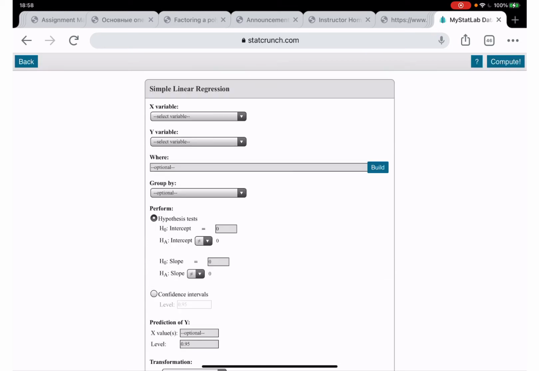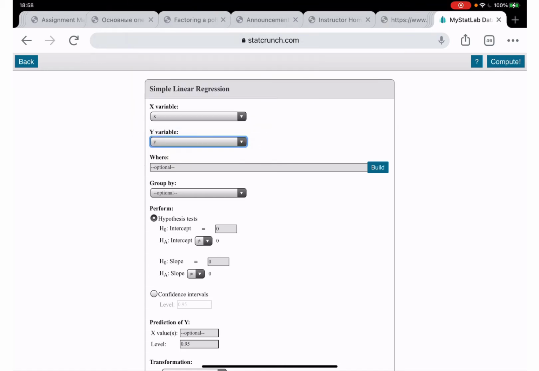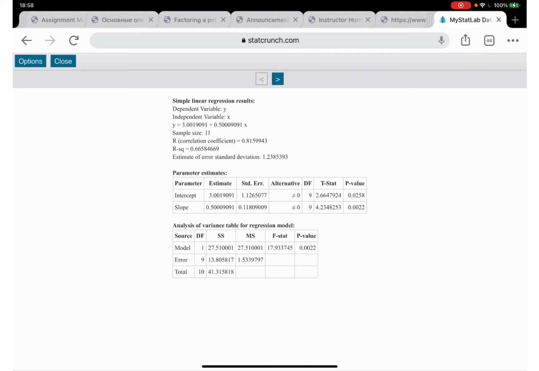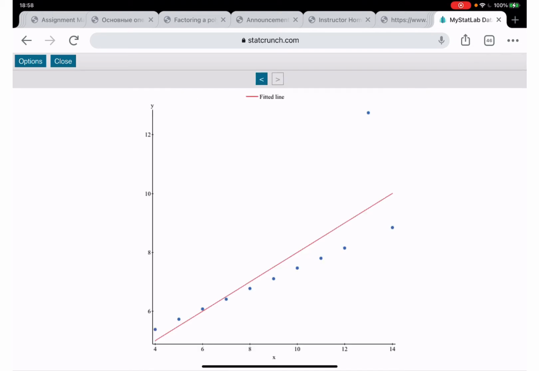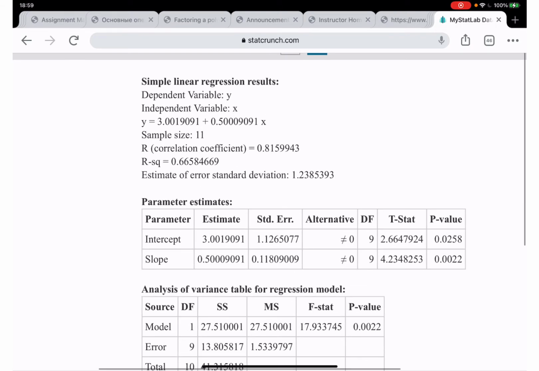Regression, simple linear, X, Y, compute. Our scatter plot is showing a straight line. It has a little bit of residual, but it's a straight line. And if we go back, it's going to ask us for the correlation coefficient, and that is 0.812.